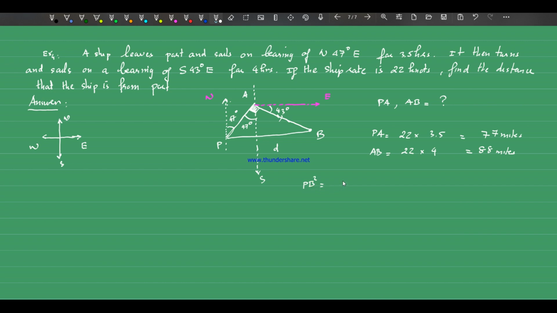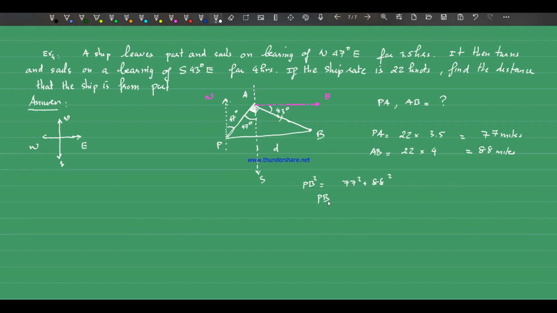PB squared will be 77 squared plus 88 squared. Then take the square root.